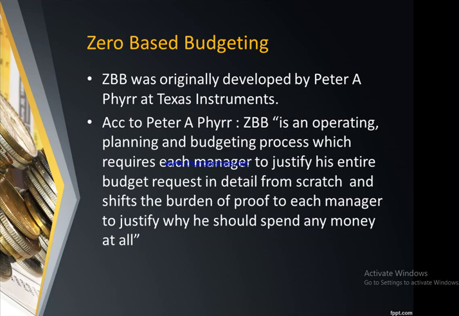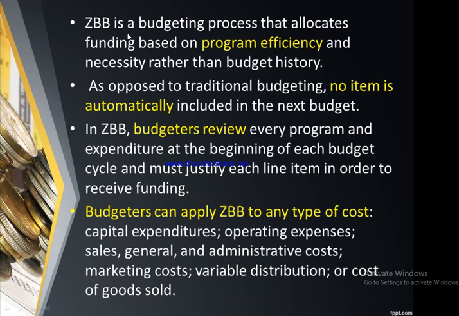Hence whenever the budget is prepared by managers, for each and every item they need to justify why x amount needs to be spent on that particular activity, and how that activity is going to add value. The zero based budgeting process allocates funding based on program efficiency and necessity rather than budget history. This being the case, it is going to be a very challenging task for managers, because until now they were just preparing a budget based on whatever items were already prepared in the previous period.